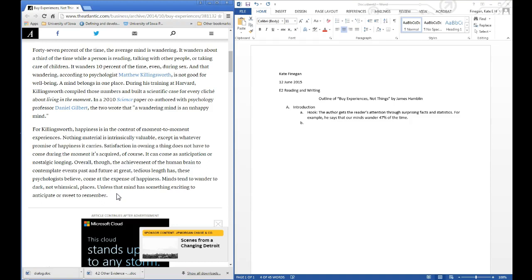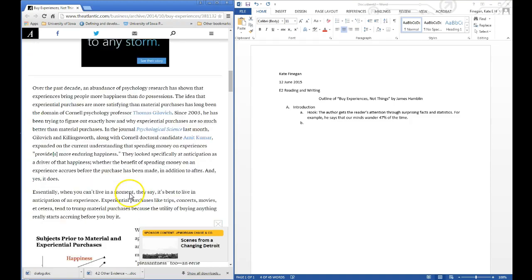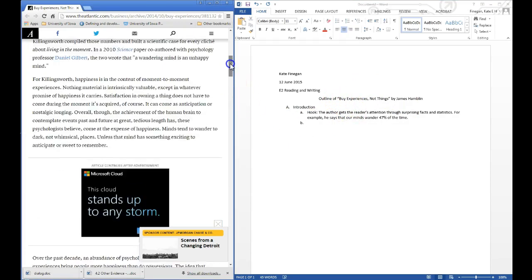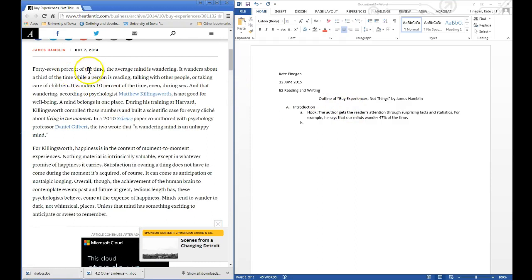I'm not sure that I know the main idea or thesis yet. Over the past decade, an abundance of psychology research has shown that experiences bring people more happiness than do possessions. All right. So the title is By Experiences, Not Things. We have read about how the mind wanders and how we need to stay in the moment.